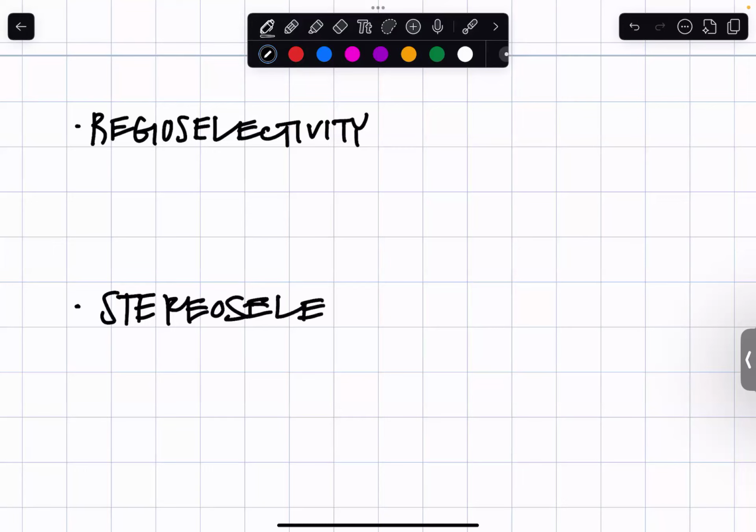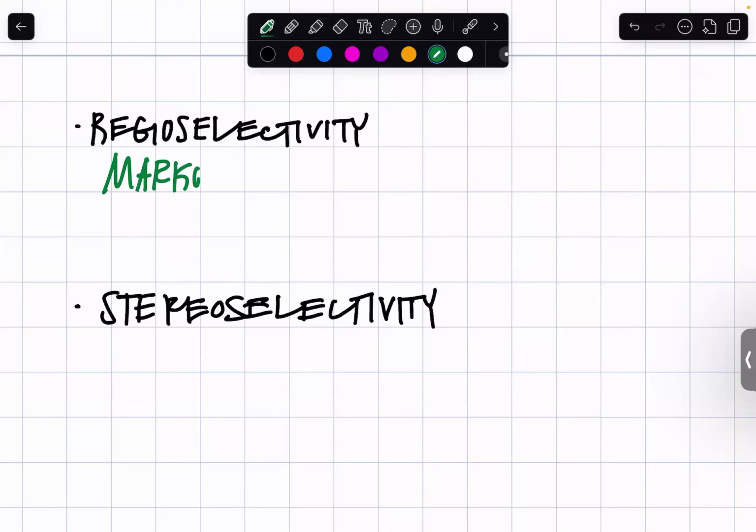Some will have none. So for regioselectivity, the most important ones are going to be Markovnikov, you're going to see the term Markovnikov, and anti-Markovnikov.